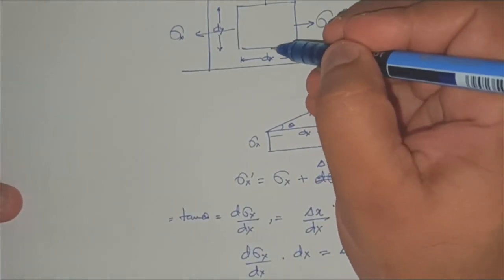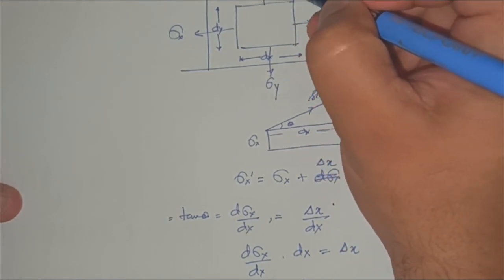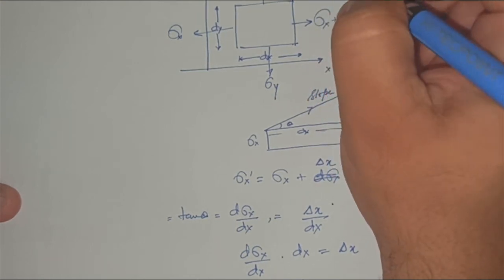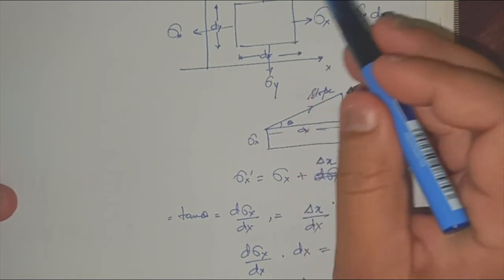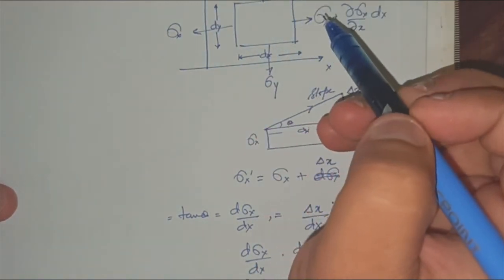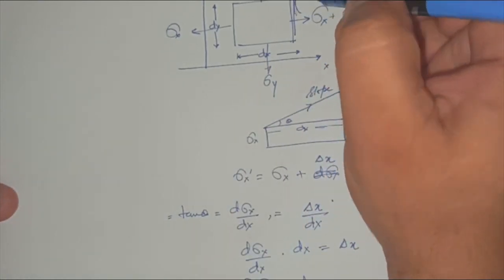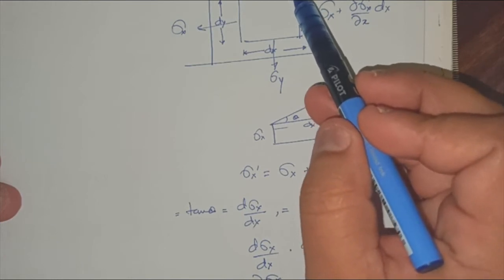If I consider a normal stress sigma y here, then this will be sigma y plus del sigma y by del y times dy. This will be the variation on this. Similarly, the shear stresses also vary. Now I will consider sigma ij equal to sigma ji.